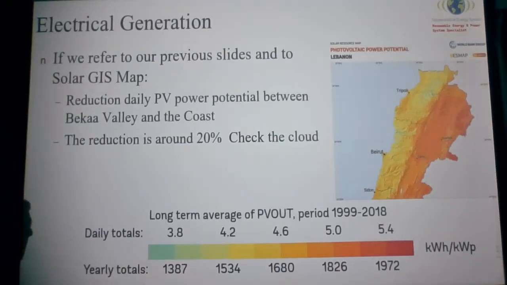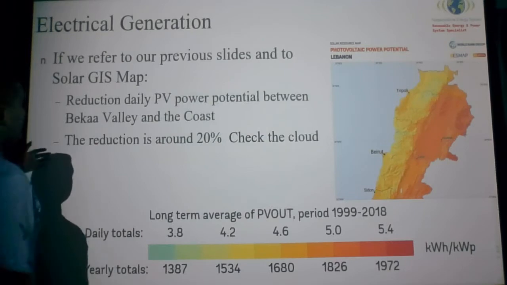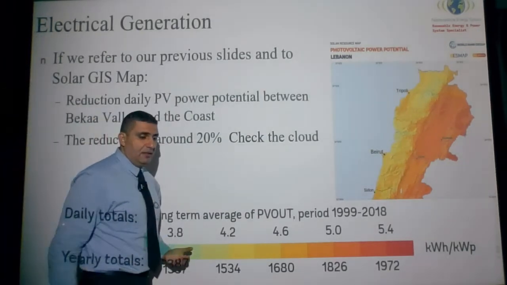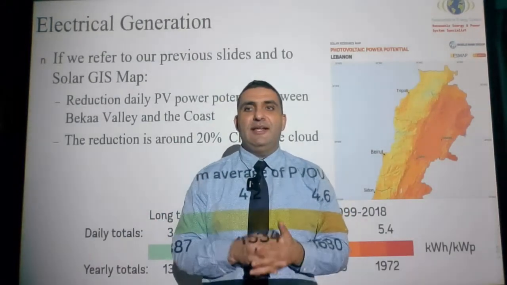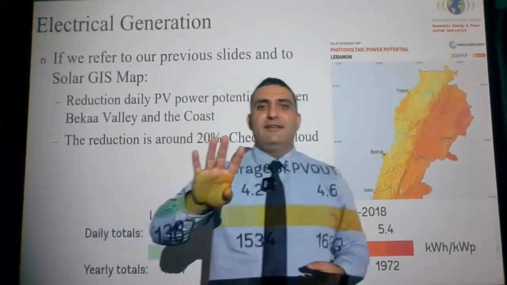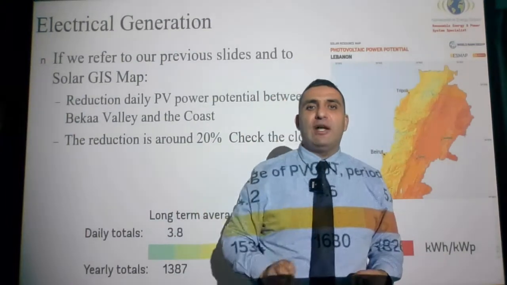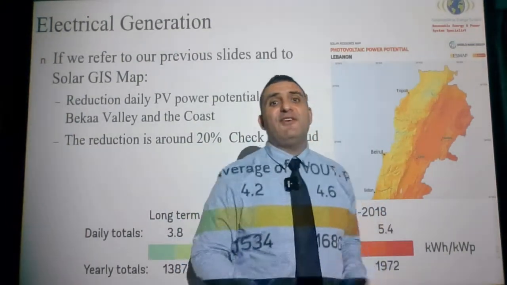Okay? So it's very important for us as designers to advise our client. I have a lot of people come to me and tell me a 4 kilowatt or 1 kilowatt or 5 kilowatt solar system must give me 5 kilowatt.